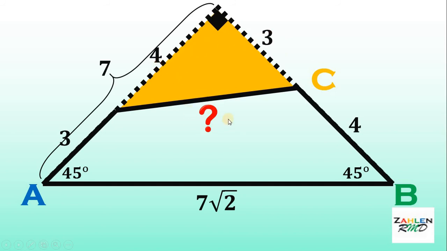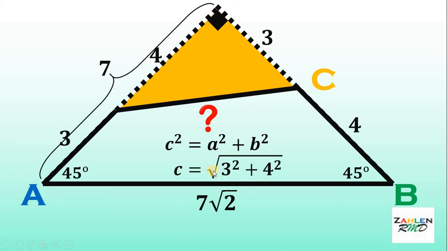Therefore, to find the length of the hypotenuse, we will use the Pythagorean theorem. So, we have c squared equals a squared plus b squared. Substitute all the given values, and we have c equals the square root of 3 squared plus 4 squared. Now simplify: 3 squared is 9, 4 squared is 16, 9 plus 16 equals 25, and the square root of 25 gives us 5.